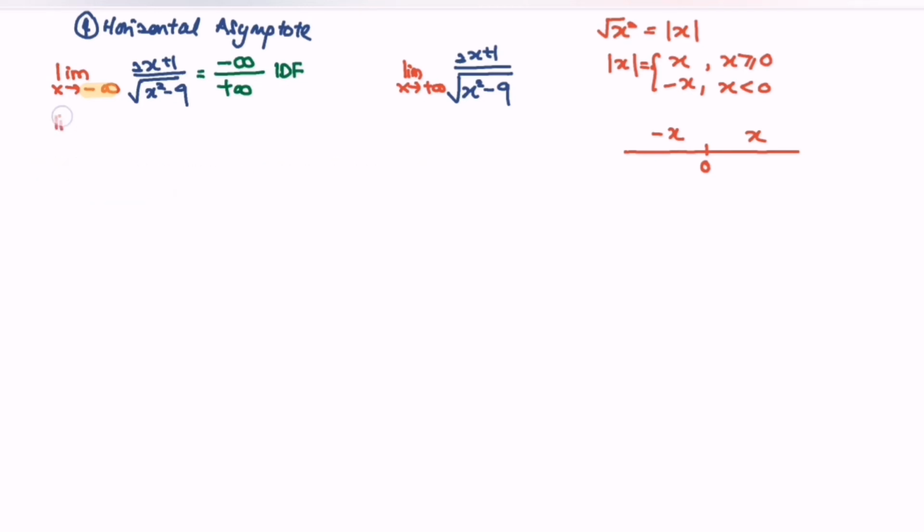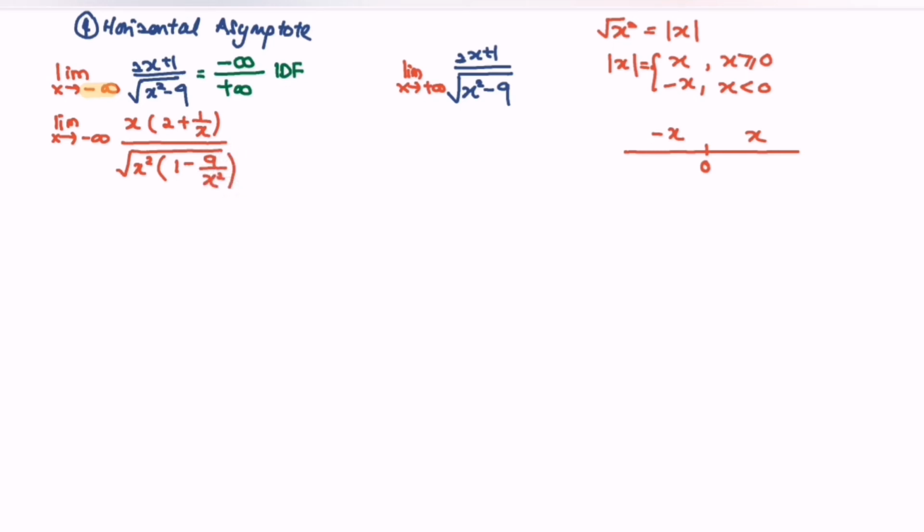So limit when x approaching negative infinity, kindly factor out the x. So we will have x bracket 2 plus 1 over x over square root of, we are going to factor out the x squared, bracket 1 minus 9 over x squared.